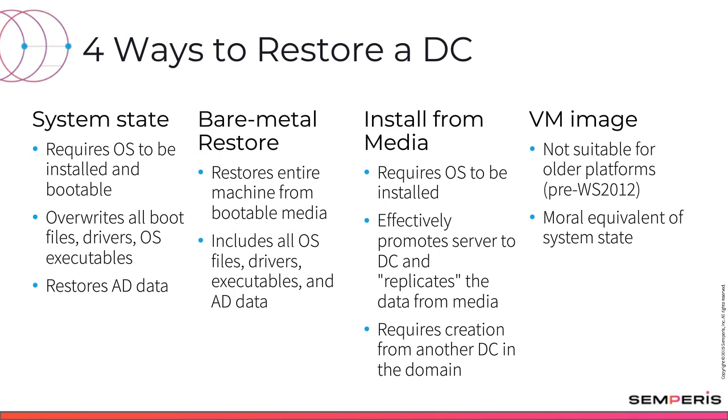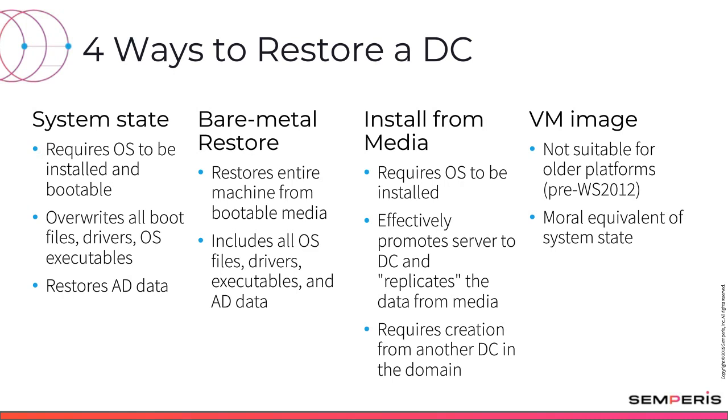Then there's something called a bare metal restore, which we'll talk about more in a minute, which is essentially a bootable backup image that will restore the entire machine, including all of the boot binaries, the entire Windows environment, and device drivers and executables and all the Active Directory data.